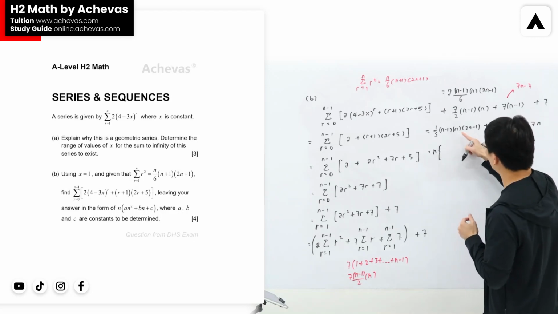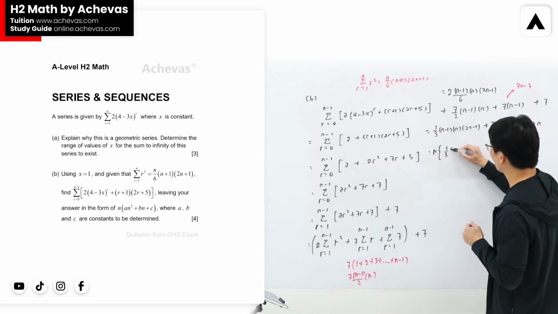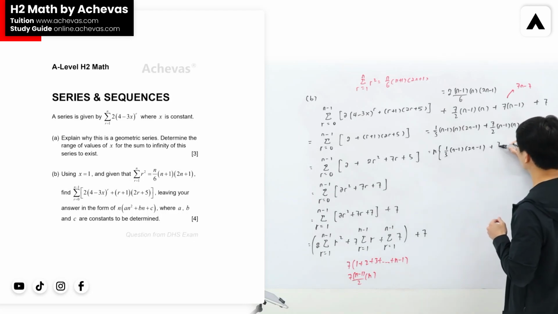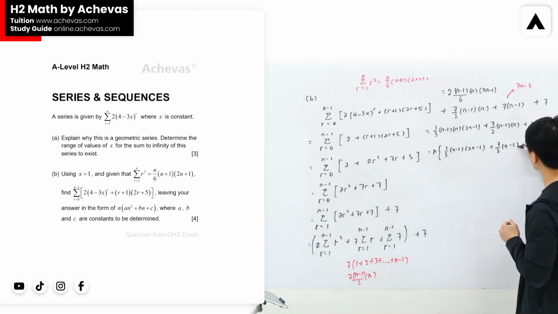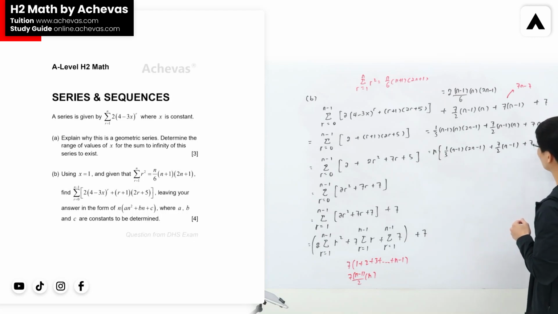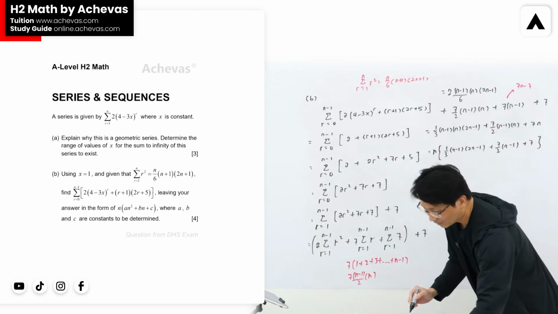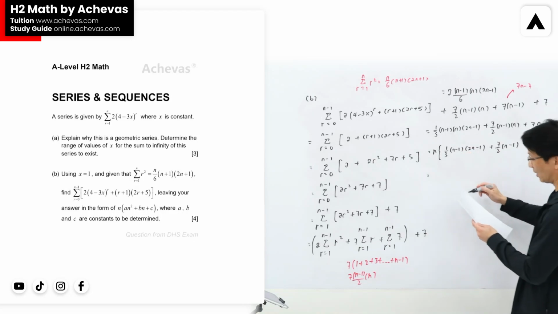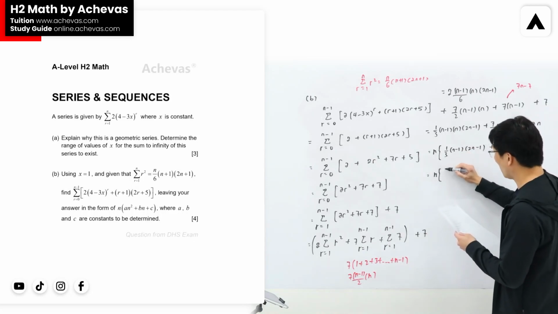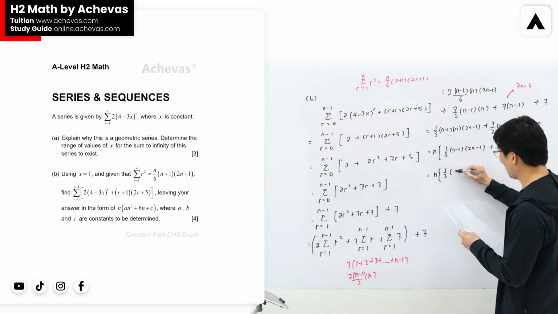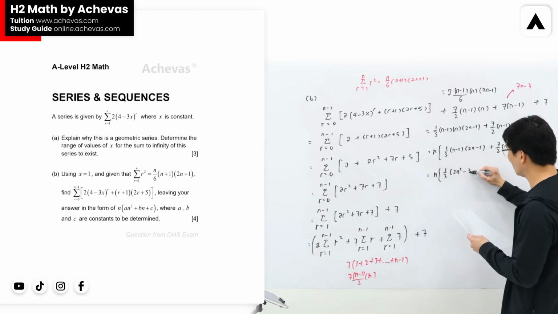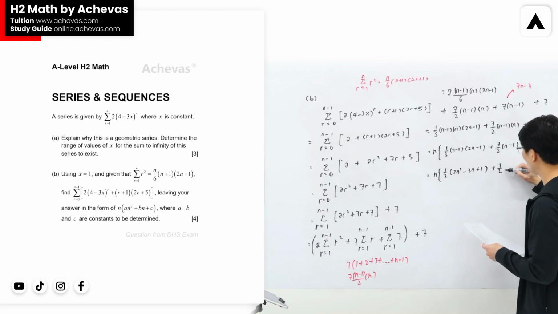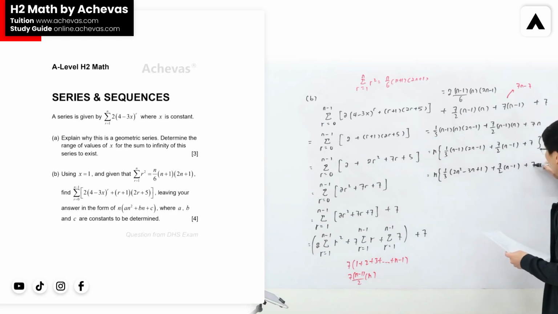Factorizing out this n here, we have 1/3 n minus 1, 2n minus 1, then this will be 7 over 2 n minus 1, and this is a plus 7. Now I'm going to expand this out. I will have n times 1/3 bracket 2n squared minus 3n plus 1, plus 7 over 2 n minus 1, plus 7.